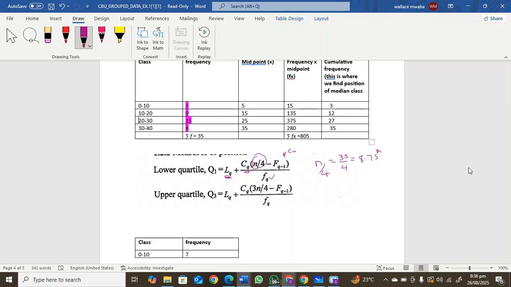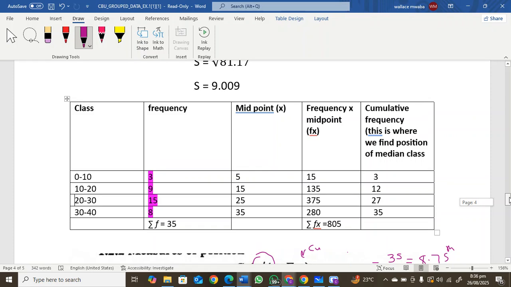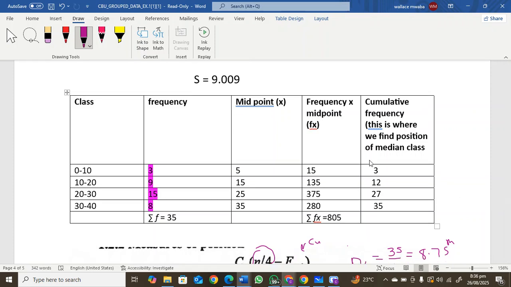Where are we going to look for this? In the cumulative frequency column here. I hope we remember how to get our cumulative frequencies. From 0 to 3, you can't find 8.75, but from 4 to 12, you can find the 8.75th position.